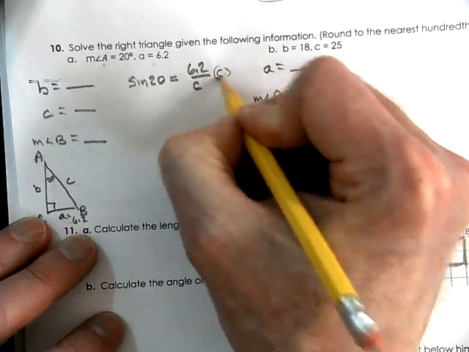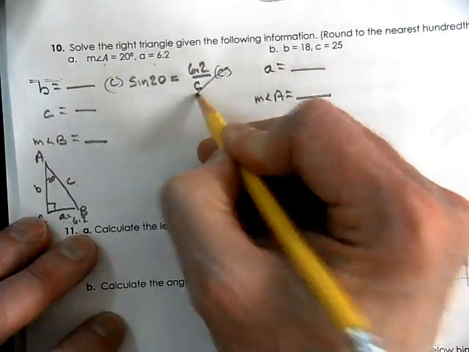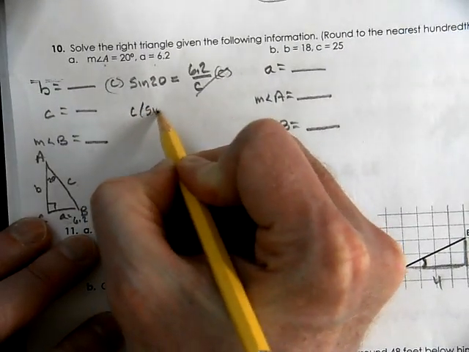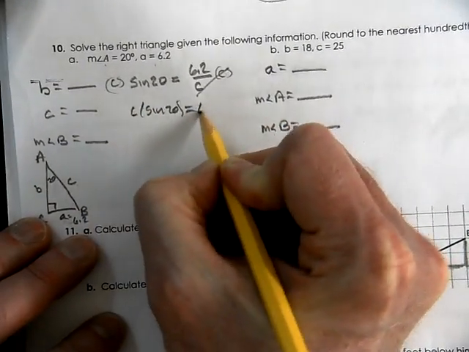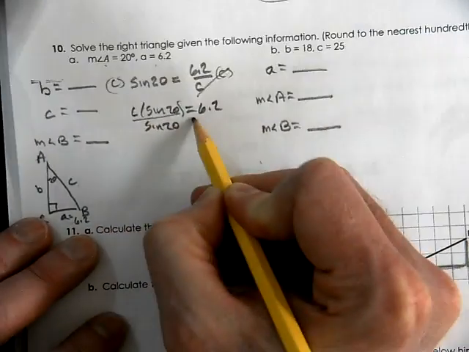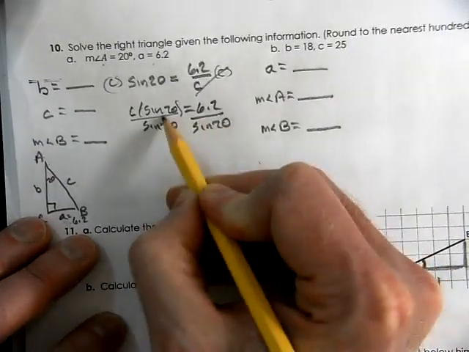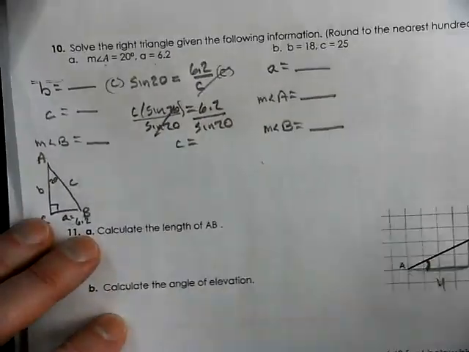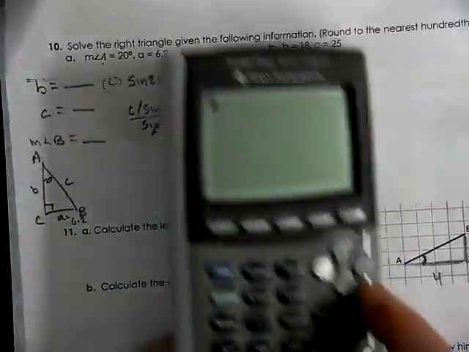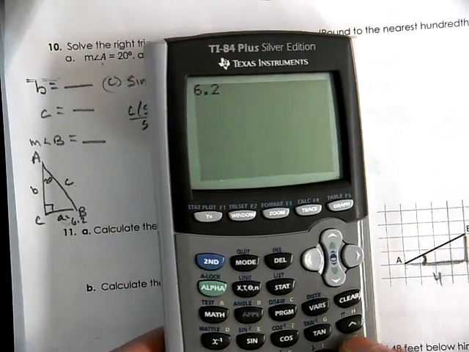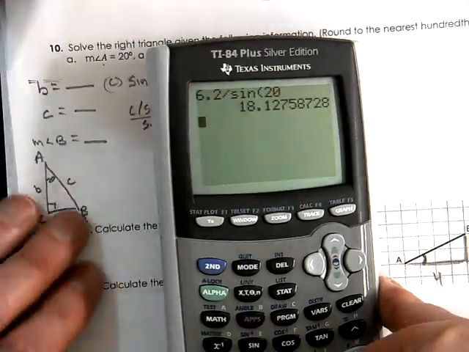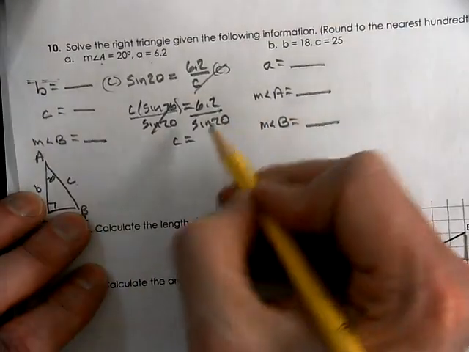We still multiply by that denominator. That gives us c sine of 20 equaling 6.2. Now we need to get the sine out of there. So we have to divide by the sine of 20 to give us just what c is, because now c is all by itself on top of the fraction. So 6.2 divided by the sine of 20 gives 18.13.